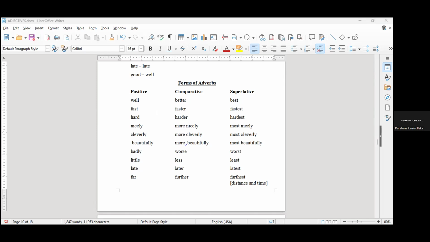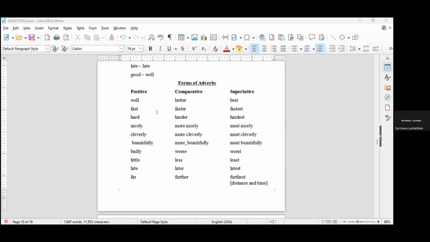Nicely has two or more syllables. So nicely, more nicely, or most nicely. Cleverly, more cleverly, or most cleverly. Then beautifully, more beautifully, most beautifully.